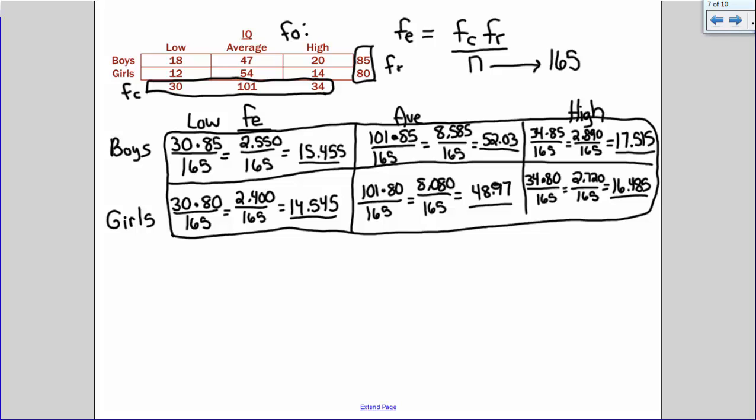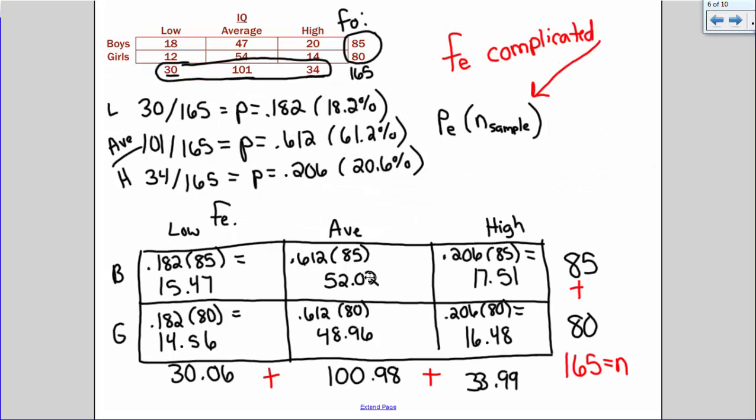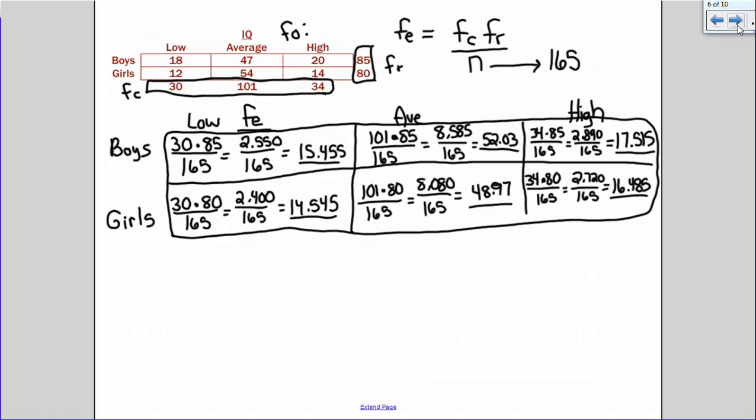Now, if you compare the frequencies expected with this strategy to the frequencies expected with this strategy, there are slight differences due to rounding error. But overall, when you add up the frequencies, you'll get something very close to the frequencies that you see in the margins up here for the observed frequencies.